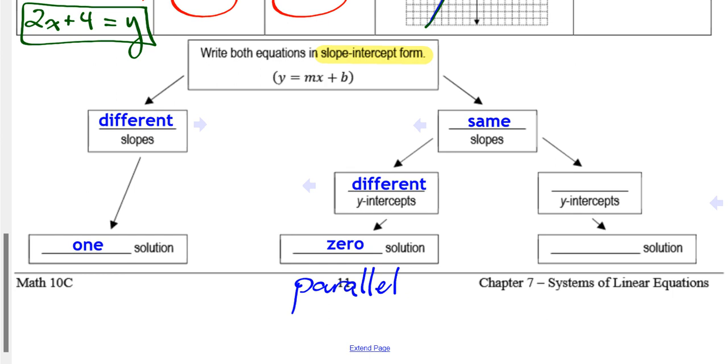And if our y-intercepts are the same, then we have an infinite number of solutions. And in this situation, we say that our lines coincide. Sometimes we say that they're coincidental. I don't know if I spelled that right, but you can check.